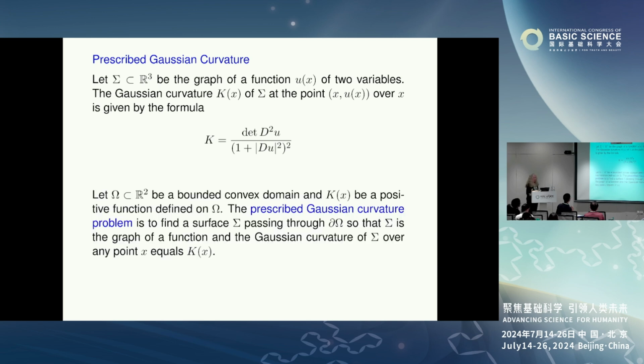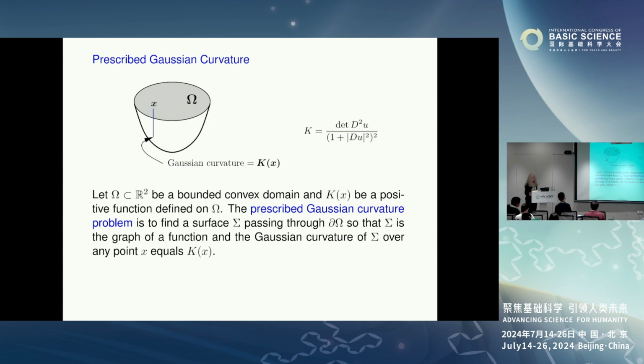We let omega in R2 be a bounded convex domain, and k be a positive function defined on omega. The prescribed Gaussian curvature problem is to find a surface sigma passing through the boundary of omega, so that sigma is the graph of a function, and the Gaussian curvature of sigma over any point x equals k(x). It's illustrated by this picture.